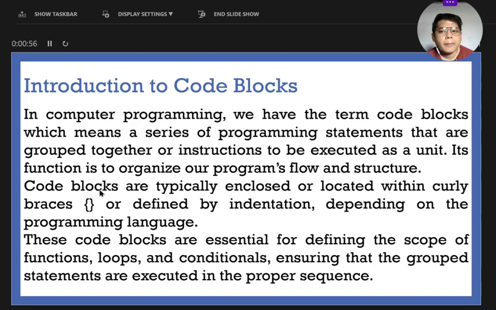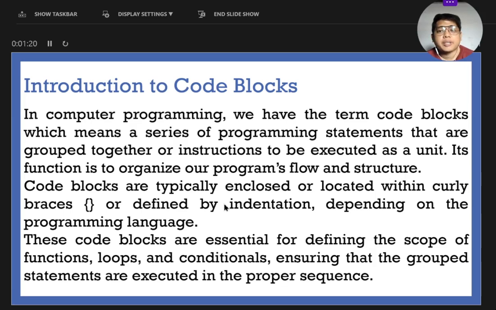In computer programming we have the term code blocks, which means a series of programming statements that are grouped together for instructions to be executed as a unit. Its function is to organize our program's flow and structure.